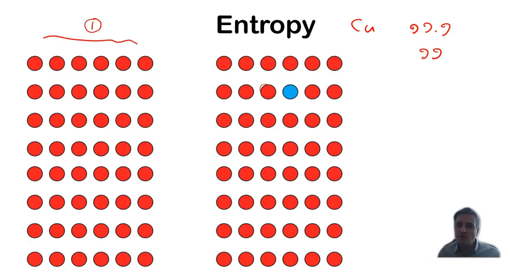And the more blue atoms that you have, the more states you will have in your system. So it means that the entropy in this state is higher because the number of states that you can have is higher than this state. So here I have S2 bigger than S1.